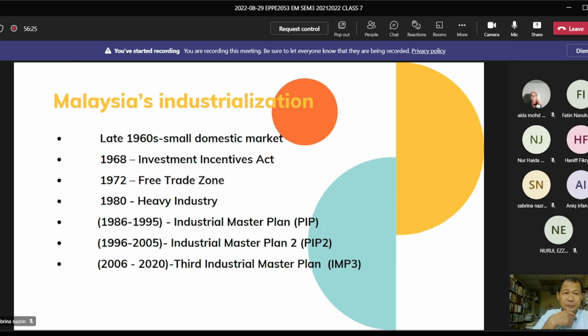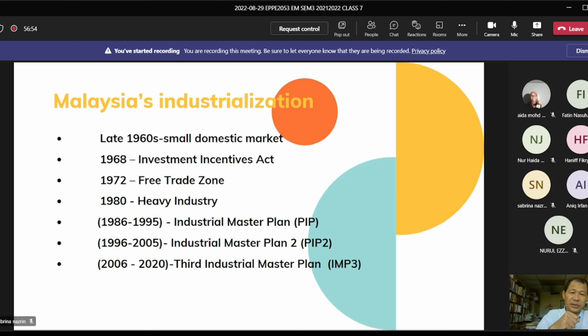Independence 1957. It was still Malaya. Okay, independence before Malaysia. Malaysia 1963. Okay, the year 1957, independence.